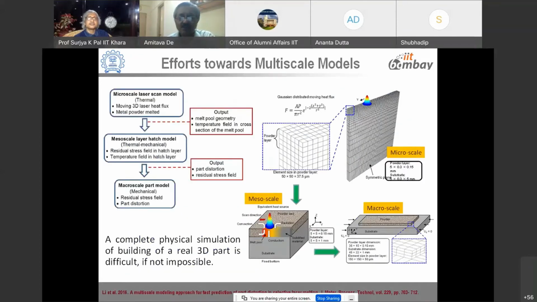There are different routes that people have been trying. I would share some examples, but here is one. Think of a micro scale model, modeled at a very small scale, at a micron scale, where a simple model would be done, and only the thermal field, the temperature, would be calculated: how much is the size of the melt pool, and what are the small thermal cycles.